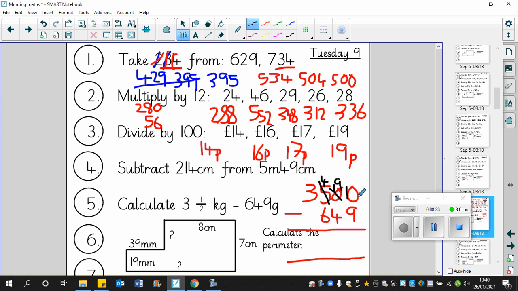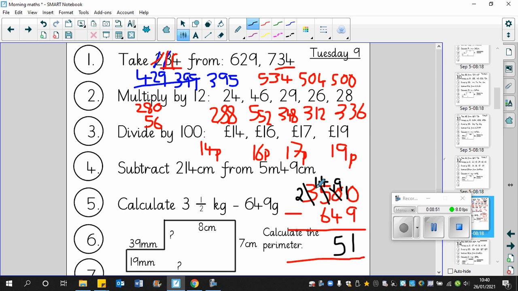Okay. So now we've got 10 minus 9, which is 1. We've got 9 minus 4, which is 5. Interestingly, 4 minus 6, you can't do. So we exchange from here. So this is now 2, and remember, one of these is worth 10 of these. So 4 add 10 is 14.